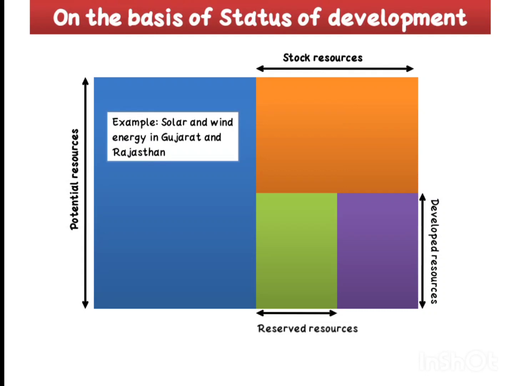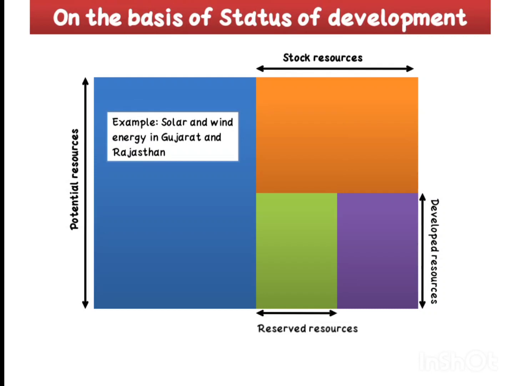Earlier we used wind for agricultural practices, for clarifying the grain particles. We were using fans and wind for that, but wind has a large amount of energy and we are unable to use it due to the lack of technology.